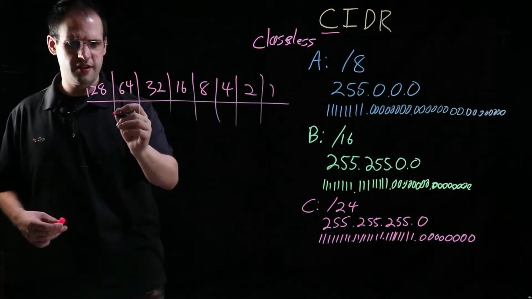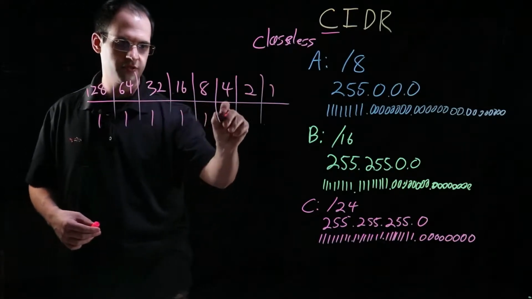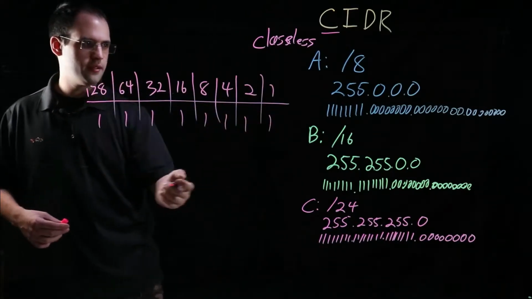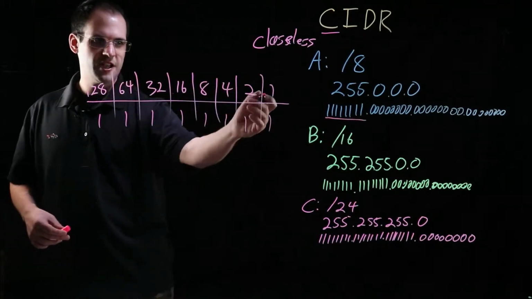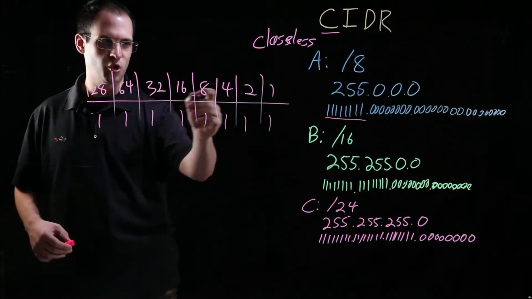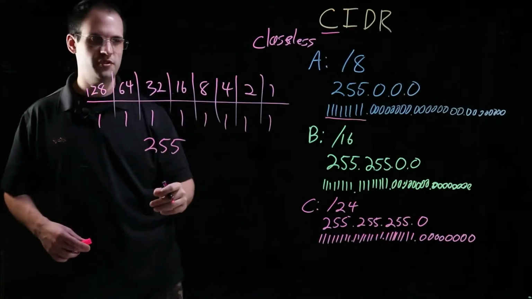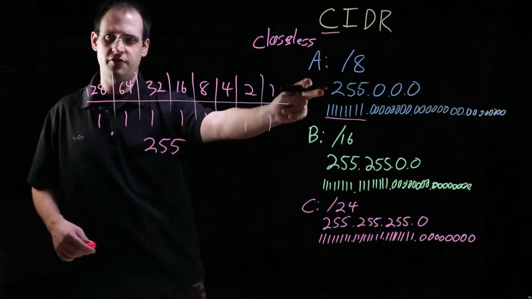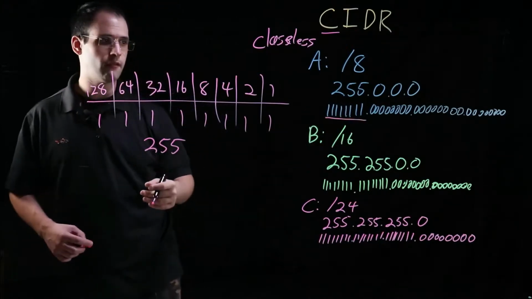If I have all ones here, 1, 2, 3, 4, 5, 6, 7, 8, all ones, like an octet or 8 bits, and I converted this from binary to decimal and took all these values, I'd get a total of 255. That's where this 255 is coming from: all ones in our octet.